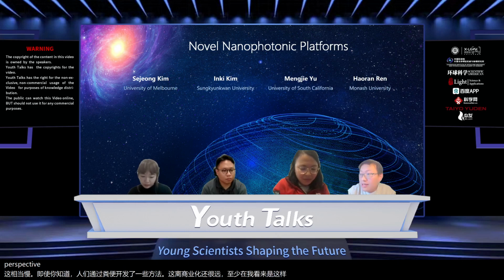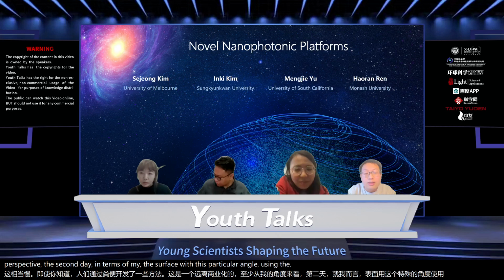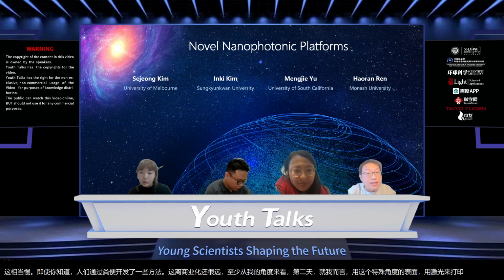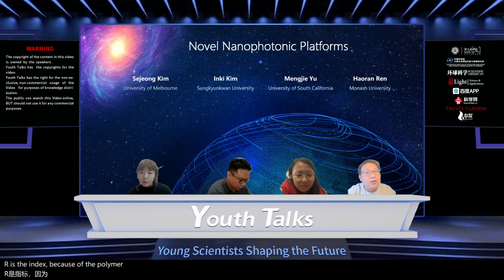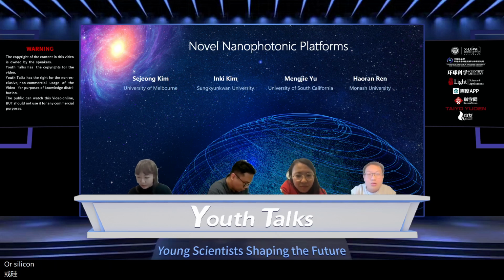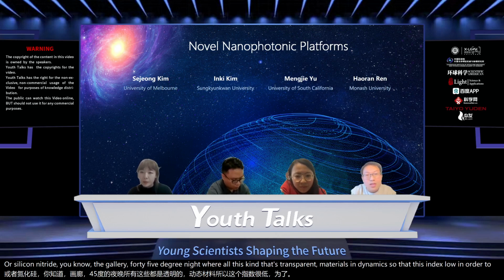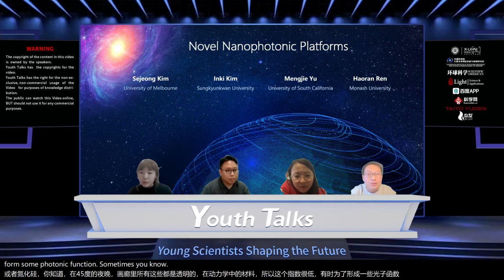Secondly, for metasurfaces made with this laser printing approach, the issue is the index, because the polymer obviously has a much lower index compared to, for instance, silicon, silicon nitride, gallium phosphide, or gallium nitride, all these high index transparent dielectric materials. With a low index, forming some photonic functions is sometimes painful.